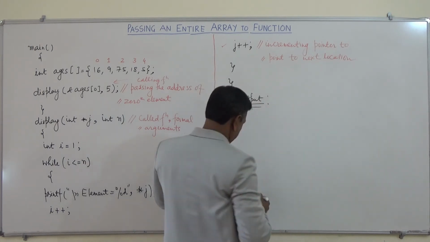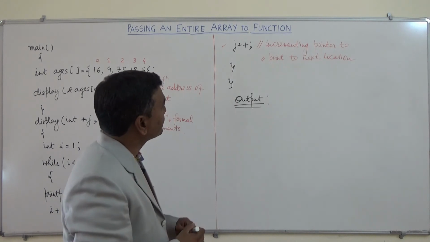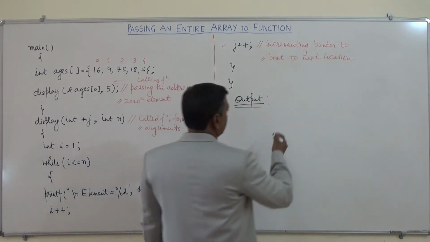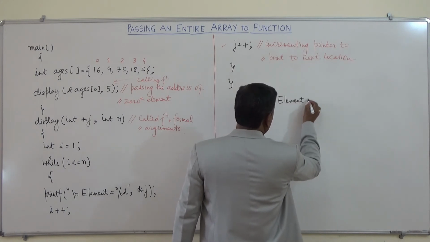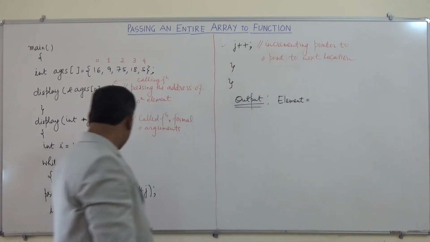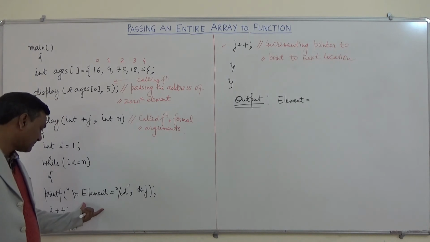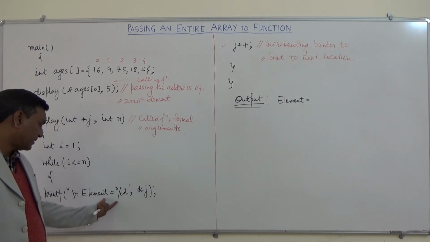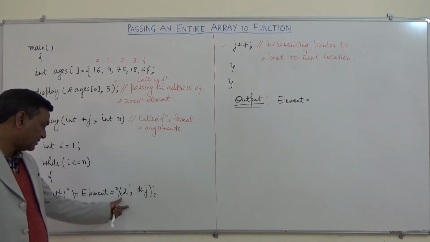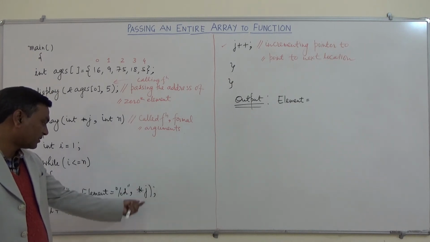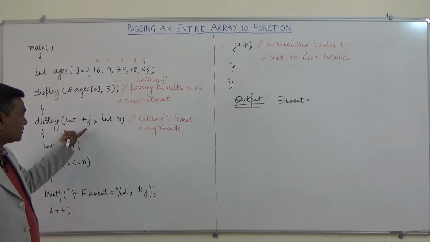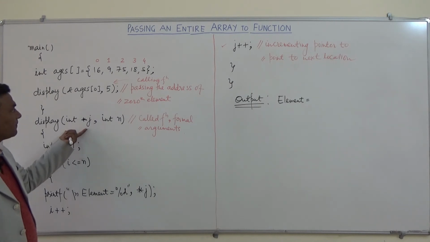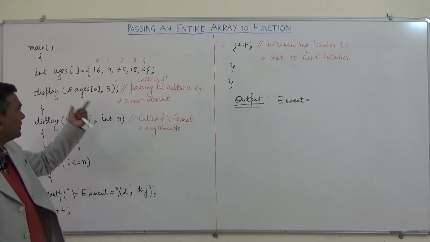It will print element equals to %d, the value at the particular address, because here we are passing the address of 0th element.